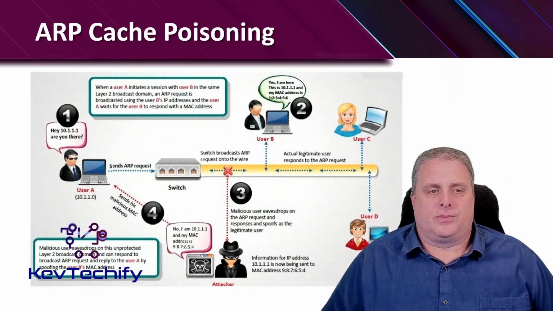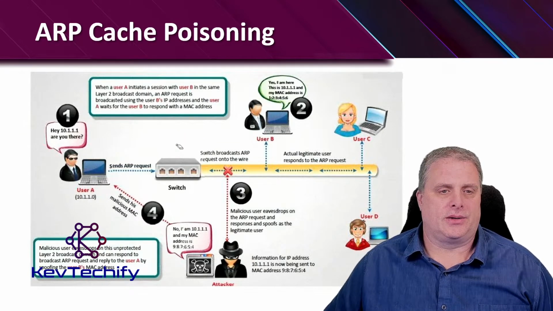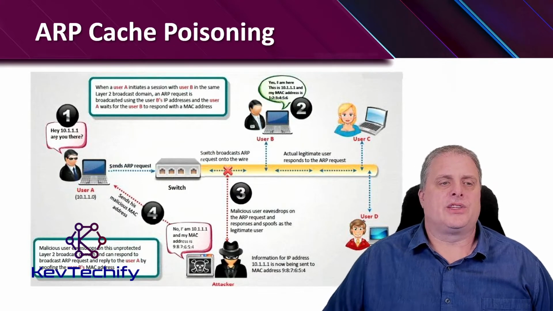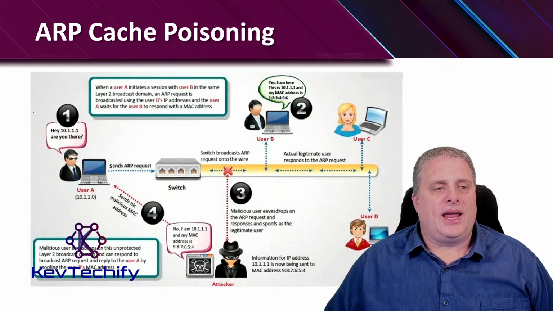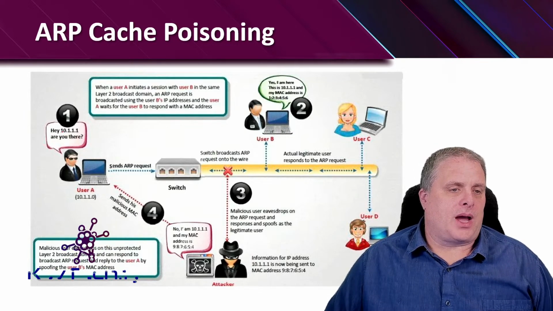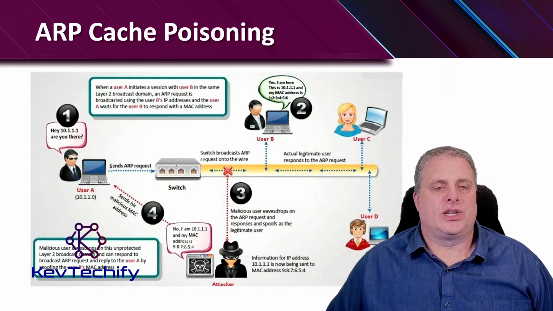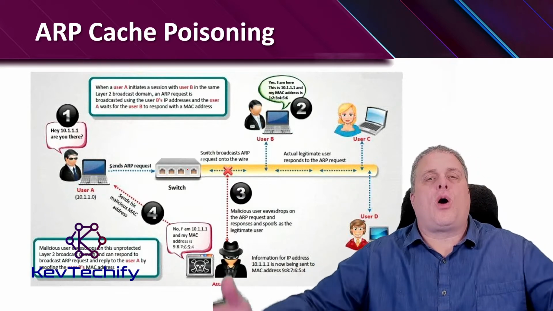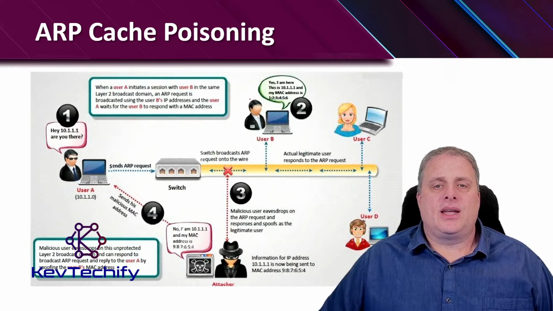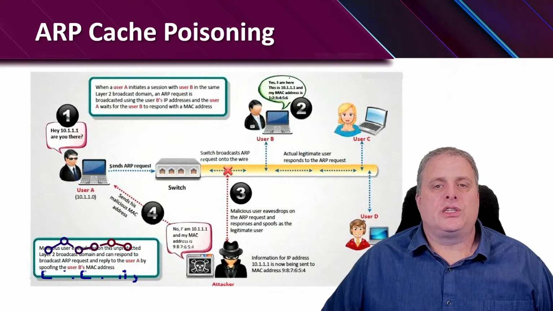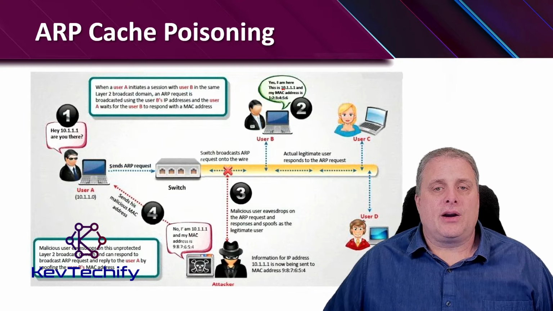In this scenario, we have user A over here on a PC. User A is going to send out an ARP request saying, hey, IP address 10.1.1.1, where are you? That ARP request is going to hit the switch and get broadcast out all the ports. All the PCs are going to hear that, but then the PC that actually belongs to 10.1.1.1 is going to say, okay, here I am.